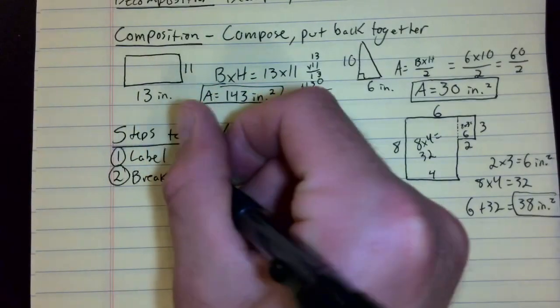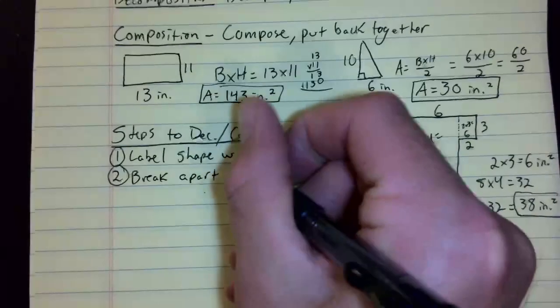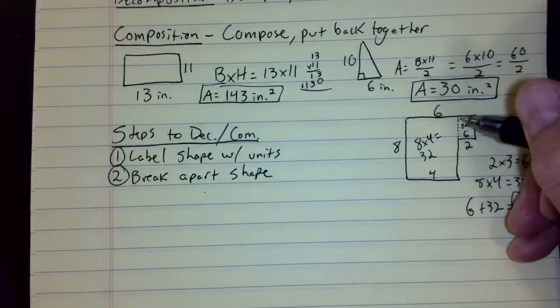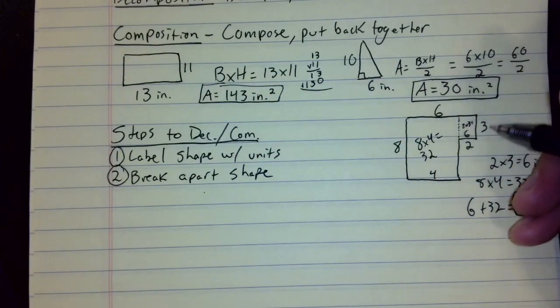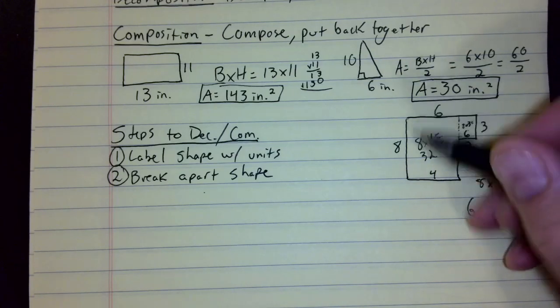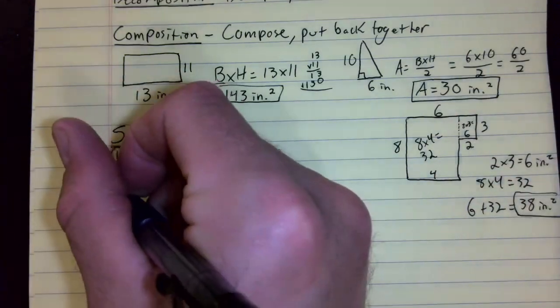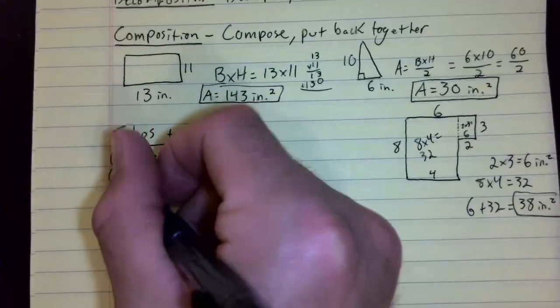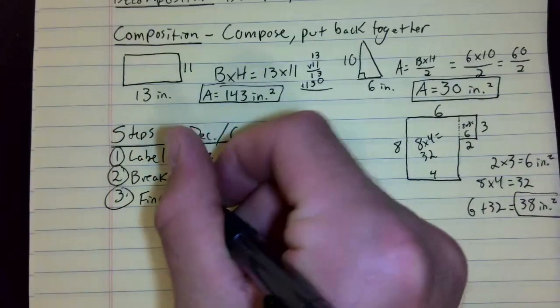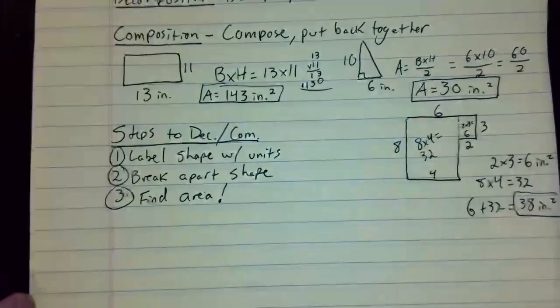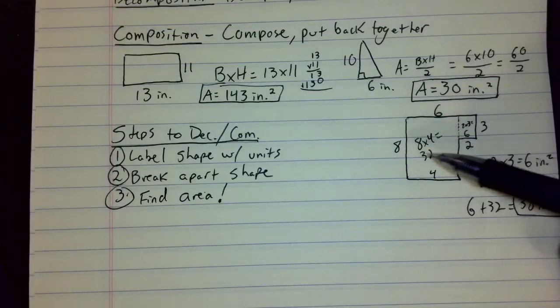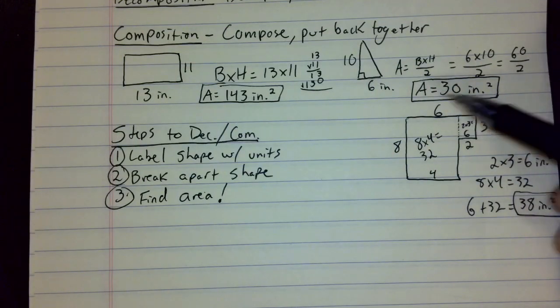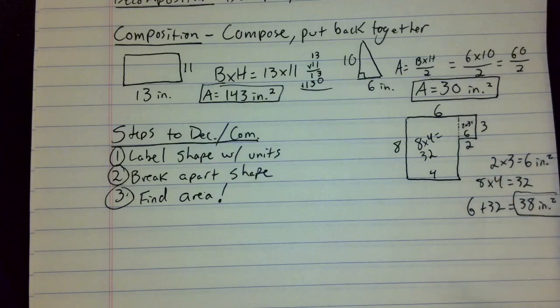That dotted line right here, we broke it up into a shape where we could find that surface area. And of course, you probably guessed it, the last one is find area. You'll just find the area in shape 1 and shape 2. That gives you the full area of that full shape.